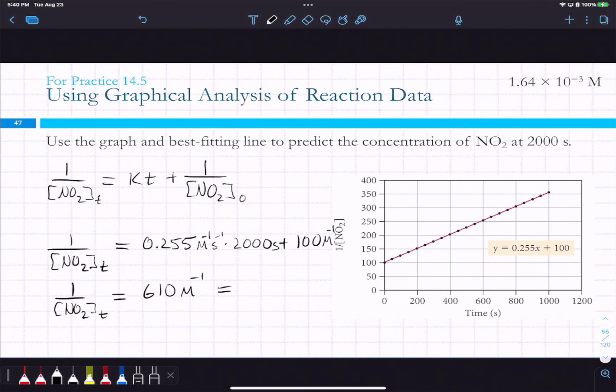And then to get our answer here, we just do 1 over both sides. Right? Take the inverse of both sides, which could look like this. Raise each side to the -1. So it's going to be 0.00164 molar.